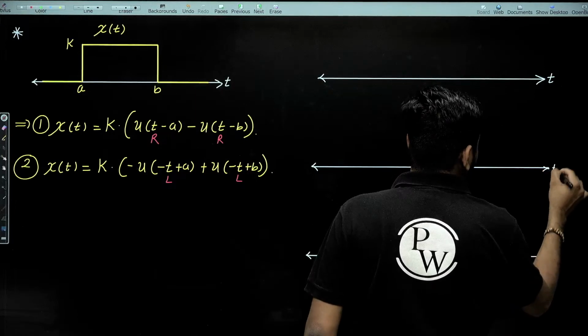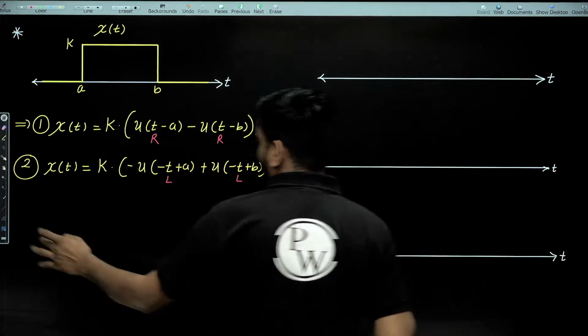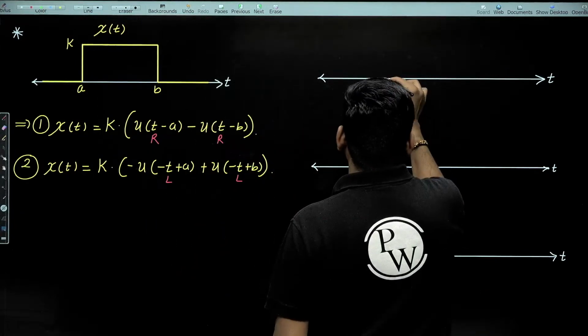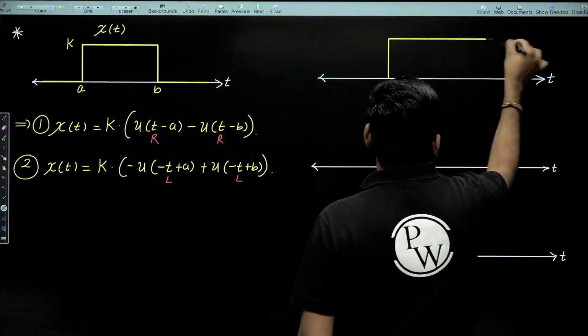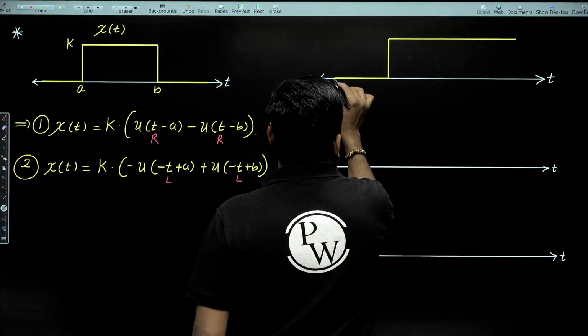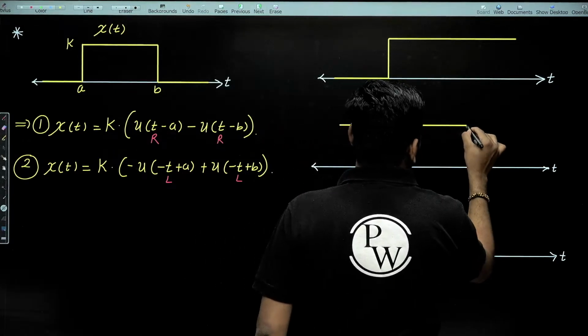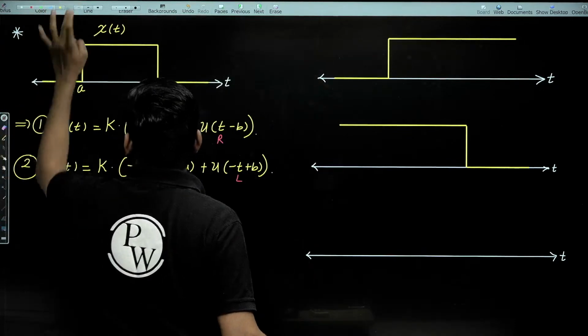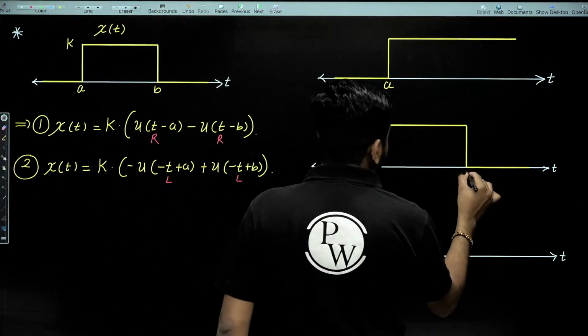Now next is one right sided and one left sided. What I am writing, guys: b greater than a, here is u of, so here this is a, and this is b.